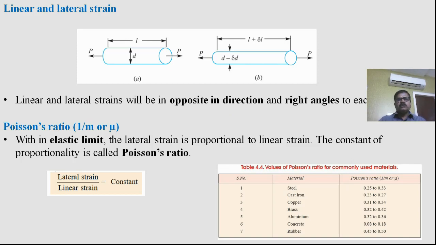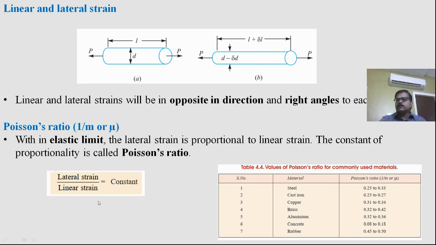The change in dimensions of a body subjected to axial loads is well calculated by the ratio called Poisson's ratio. Poisson's ratio, designated by 1 by m or mu, and in some textbooks nu, is equal to lateral strain by linear strain.